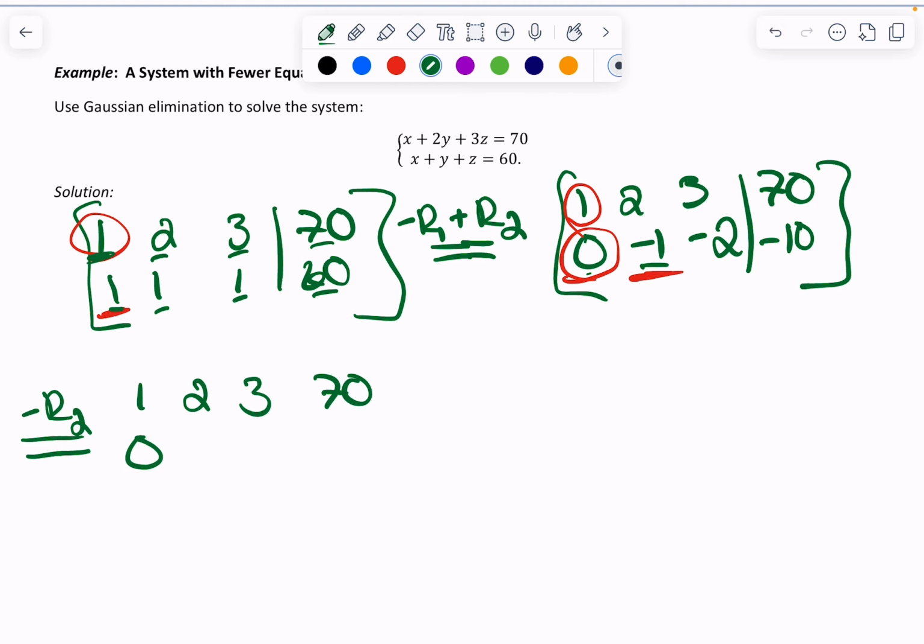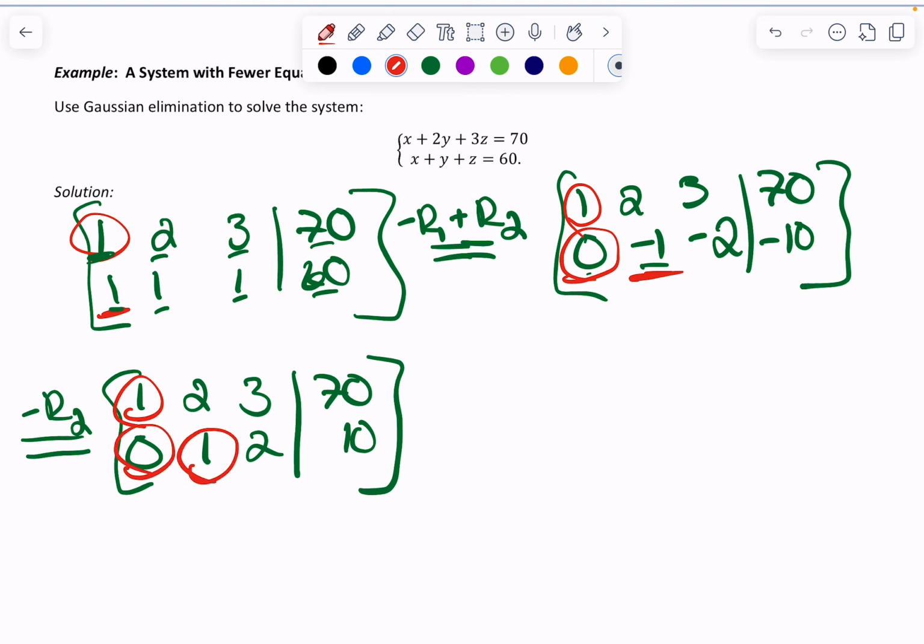Negative 1 multiplied by negative 1 is a 1. Negative 2 multiplied by negative 1 is a 2, and then switching the sign on 10. Now we've got 1, 2, and 10. Well, we can't really go any farther because we only have two equations here.